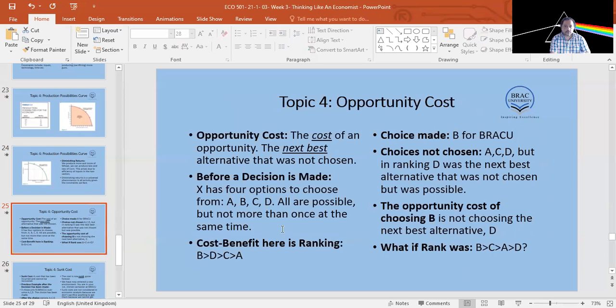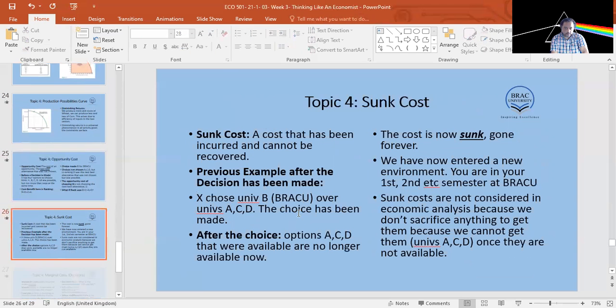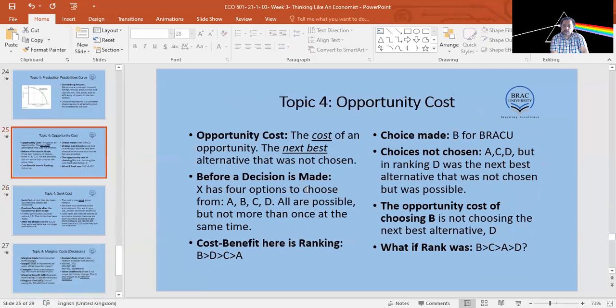This example we have discussed very much in detail in week 2, that before a decision is made, all the options are available for us. What do we do? We make a cost benefit analysis, i.e. we make a ranking. And based on that, we make a choice.